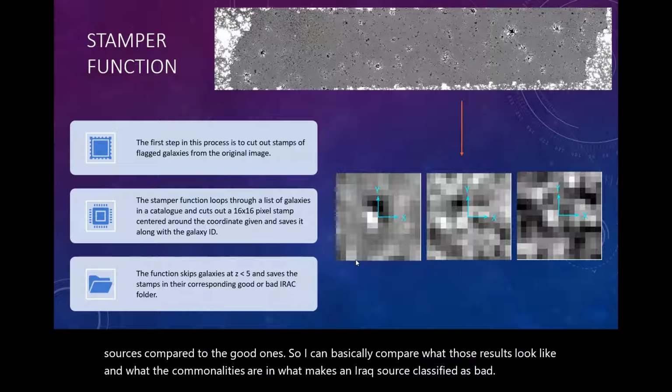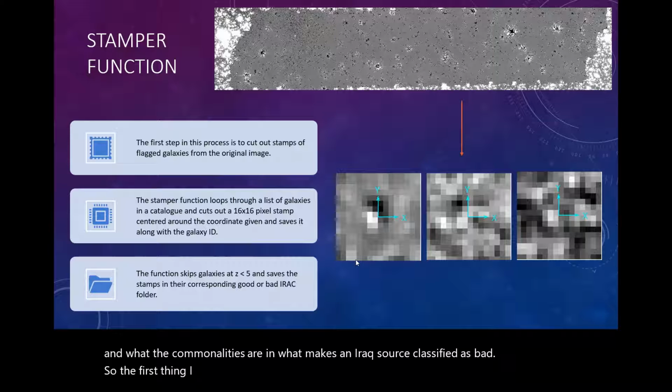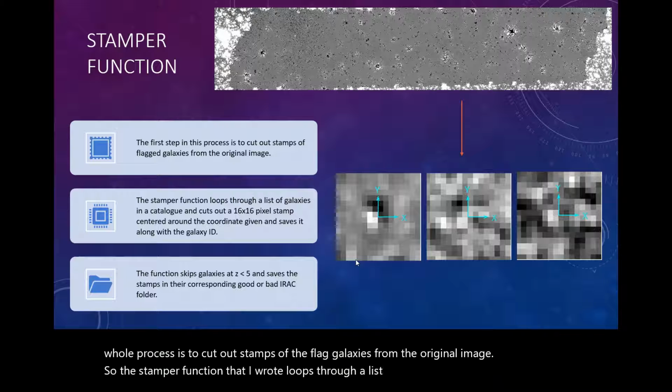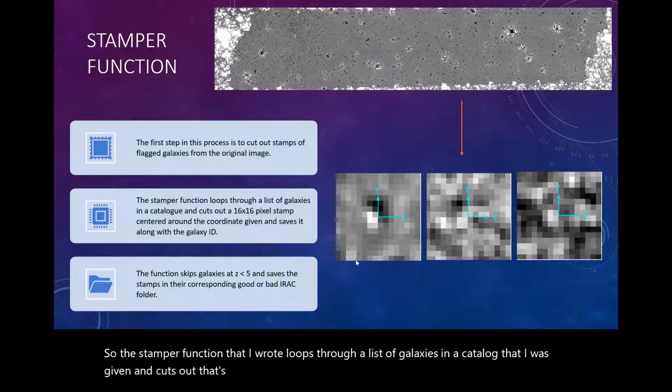So the first thing I did coding-wise was to create this stamper function. The first step in this whole process is to cut out stamps of the flagged galaxies from the original image. So the stamper function that I wrote loops through a list of galaxies in a catalog that I was given and cuts out that 16 by 16 pixel stamp centered around the coordinates and saves it along with the galaxy identification number.